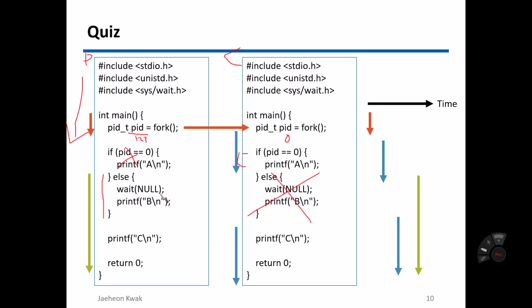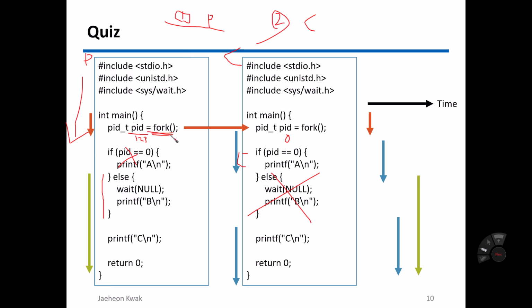Let's consider two cases. For the first case, let's say that after this fork function, the parent process is running first. For the second case, let's say that after this fork function, the child process is running ahead of the parent process. So let's first see the first case.